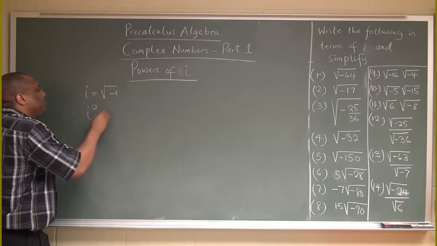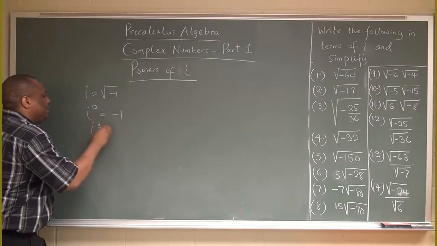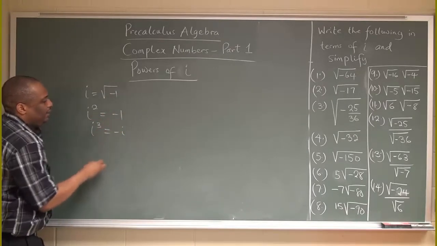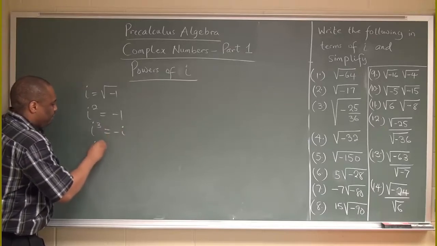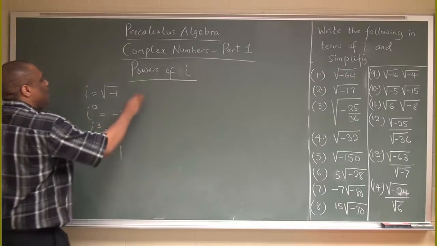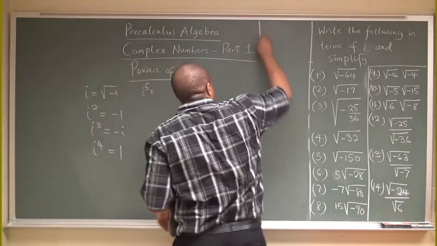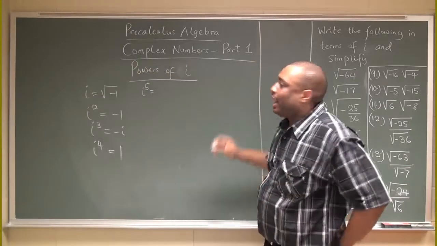I squared is negative 1. I cubed is negative I. I to the 4 is 1. Now, what do you think I to the 5 will be?